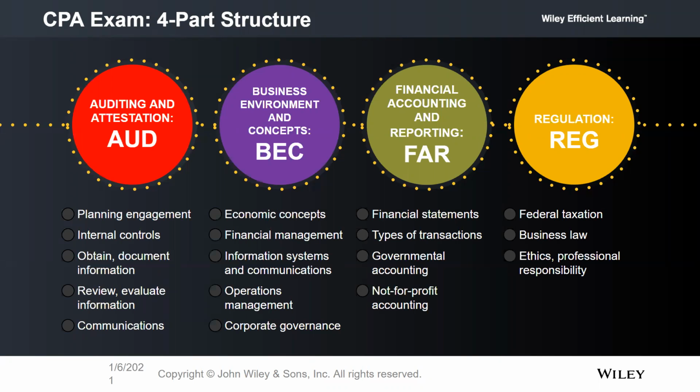If you've taken intermediate accounting, most of that stuff will be found in that section, as well as regulation, the last section. If you like taxes and all of that stuff, that's where you're going to be finding that information. All the bullet points that you see here on the screen connect with those sections, if you would like to take a longer look at that.